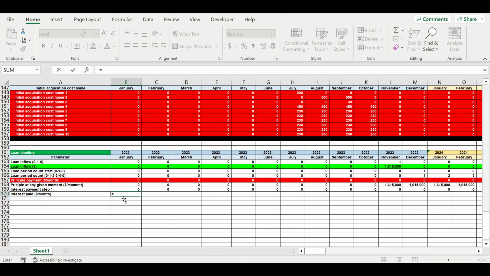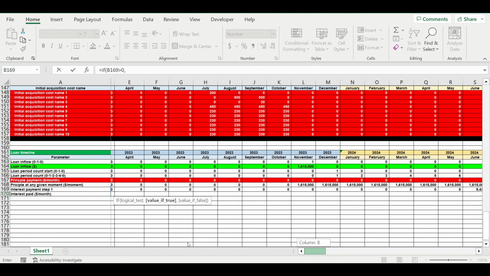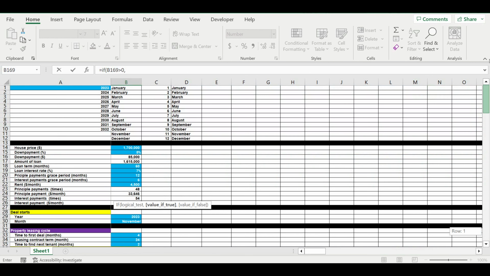So if this value is more than 0, we will put interest payment. We are freezing this cell. Otherwise 0.